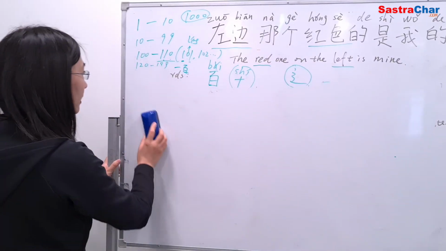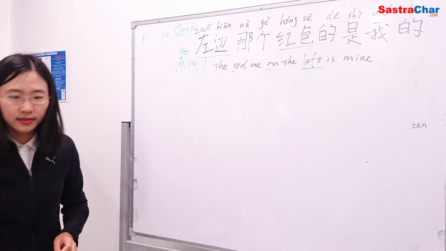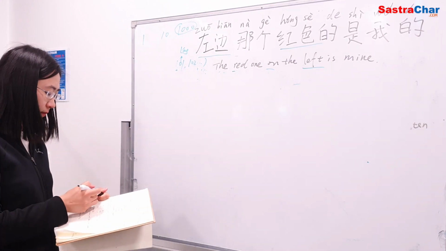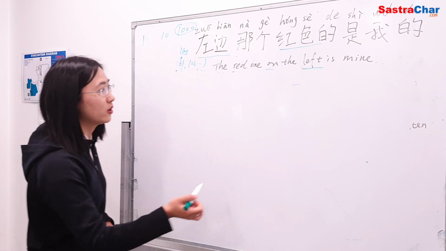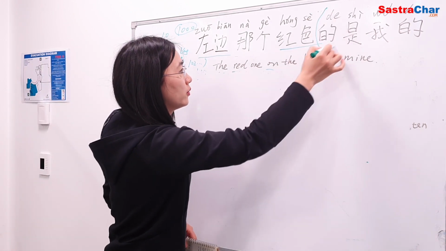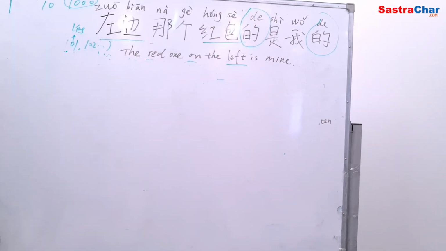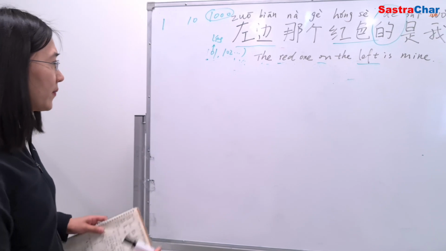We have 3 grammar points to cover today. First, as you can see in the title, there are 2 的 here. So you might wonder why there are so many 的 here.